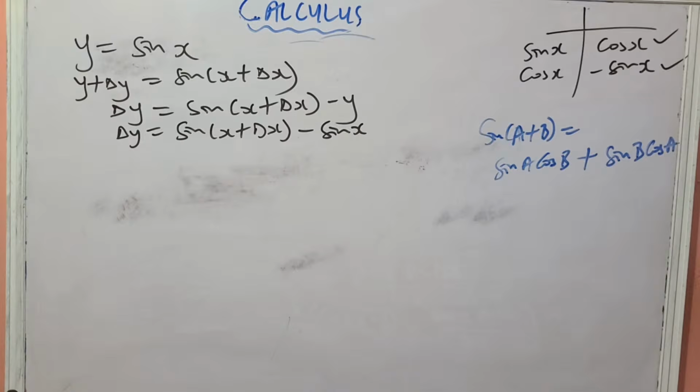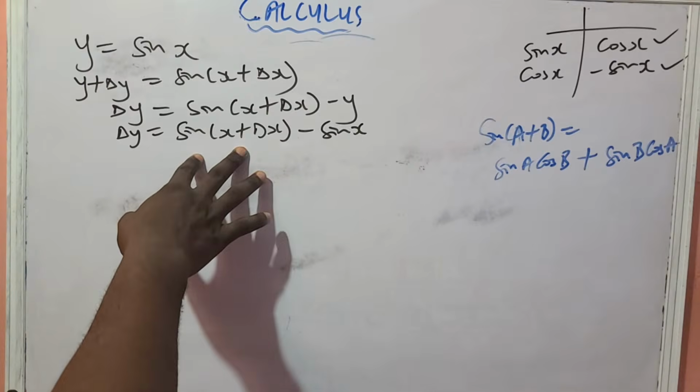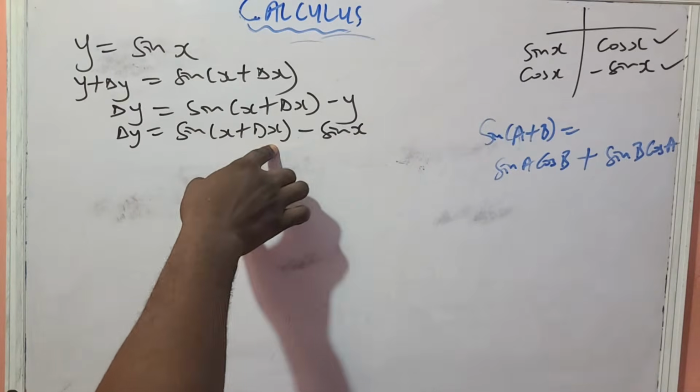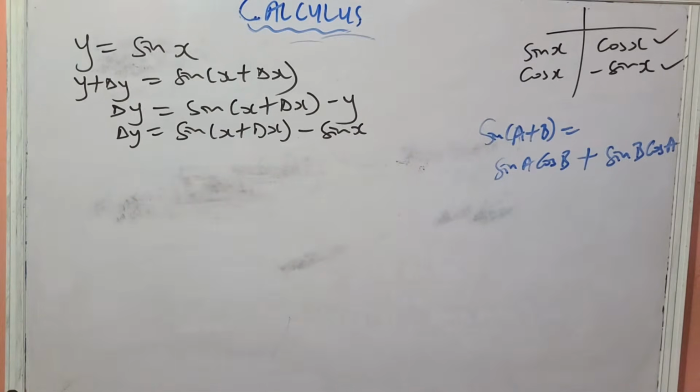All right. So look at that. This is your identity for sine a plus b. The reason why I had to summon this identity is actually because I can see a compound angle situation here. This is x plus dx.